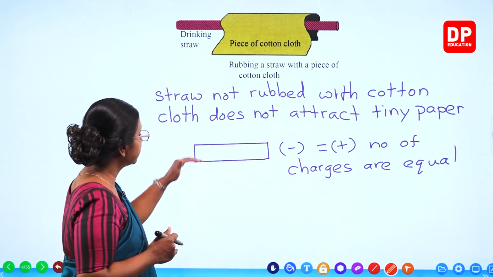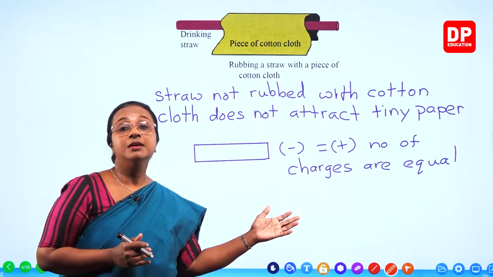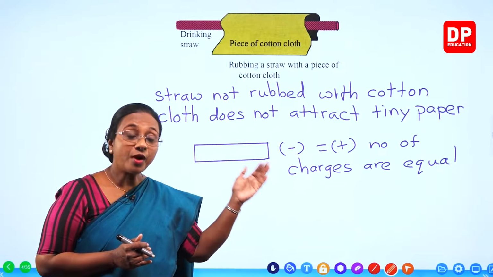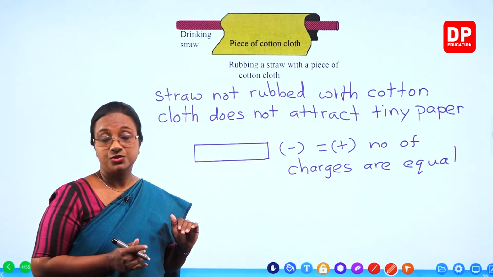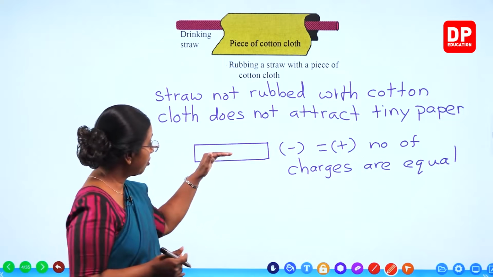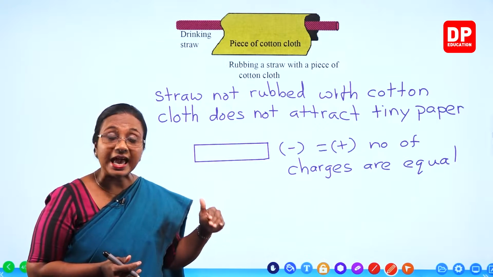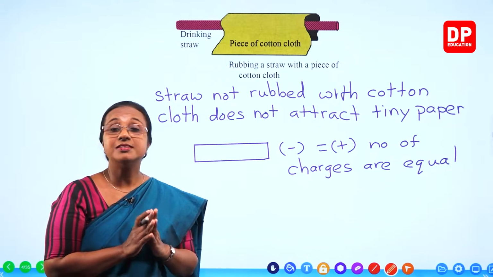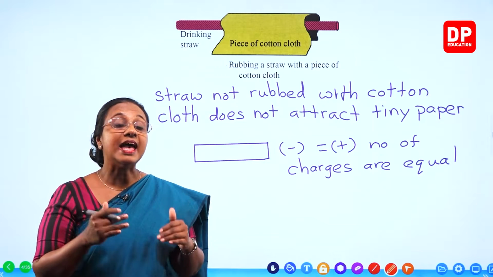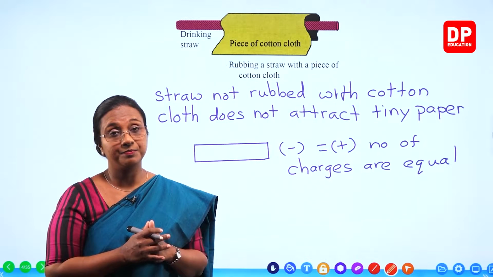But what happens when you rub it with a cloth or some other material? Some of the charges from the straw can flow to the cloth, or from the cloth, some charges can flow to the straw. Either way, straws can lose negative charges or they can gain negative charges. Because you know electrons are the only particles that can move from one atom to another atom.